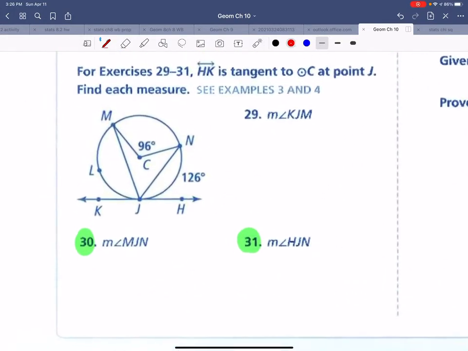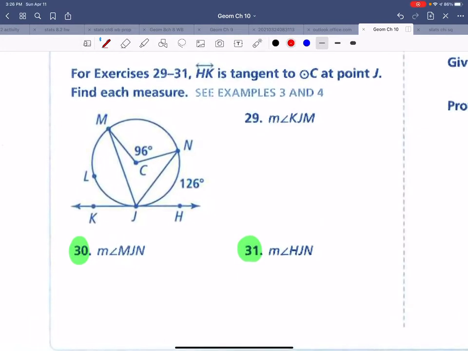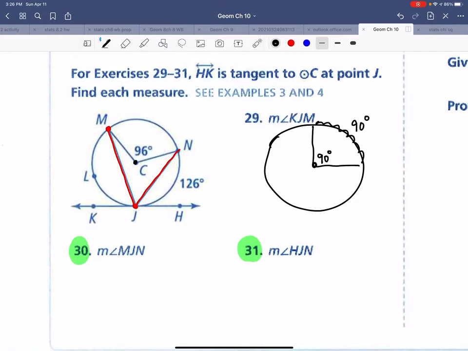All right, new picture. What would be the measure MJN? MJN, so that's an inscribed angle. And that one, they've actually already given us. If you're having trouble keeping track of this, remember if the central angle is 90, then we call this 90 degrees of arc, right?